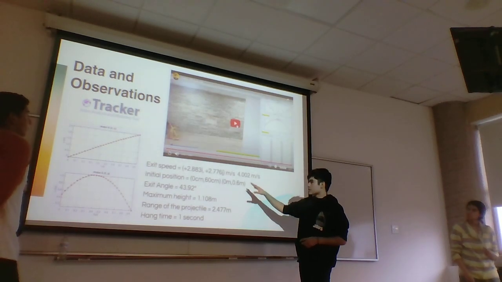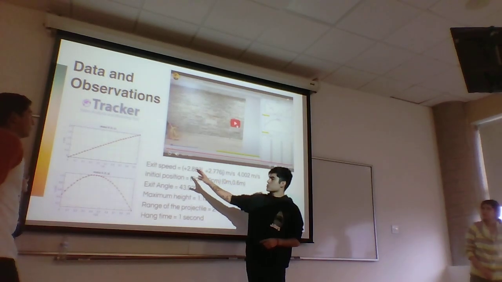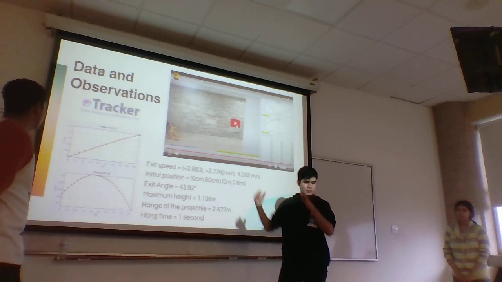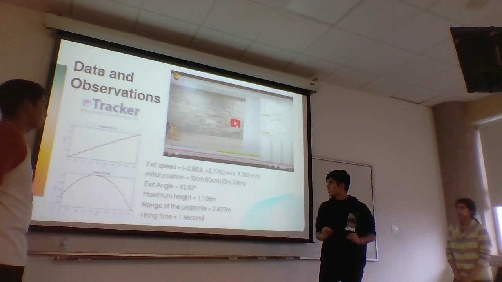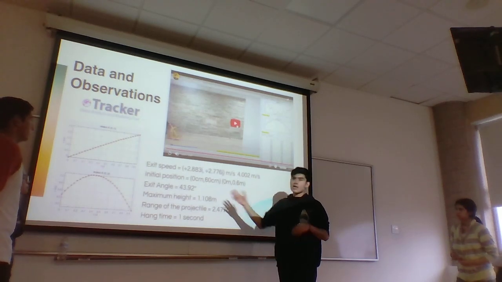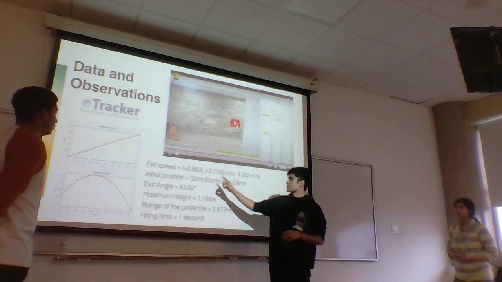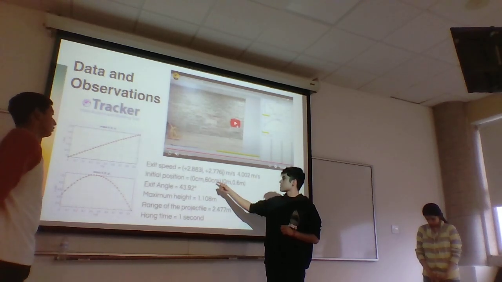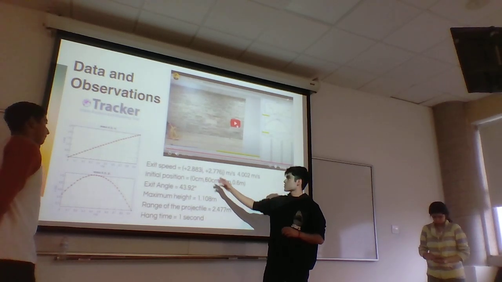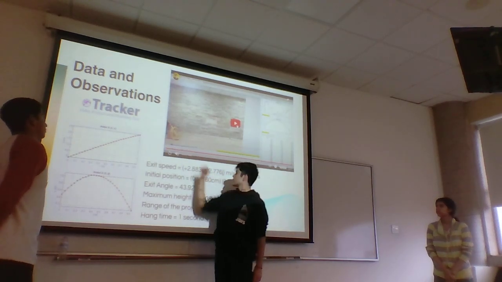With these calculations, it is shown that the exit speed, the magnitude of velocity, is 4 meters per second. And the initial position we already arranged, so it's 0 centimeters in x, and 60 centimeters of the height of this catapult.